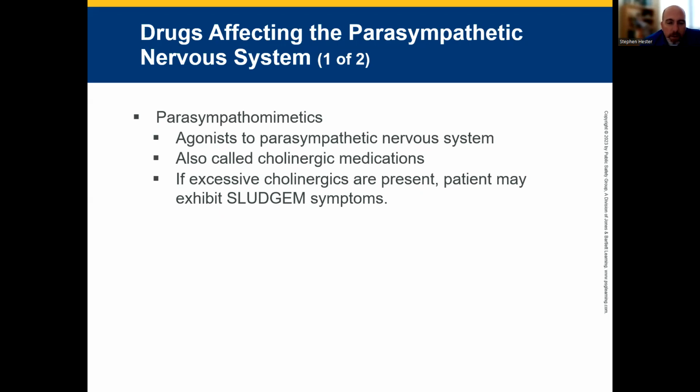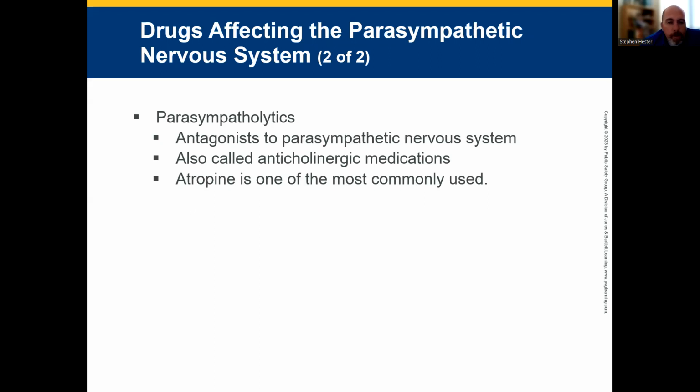If cholinergics are excessive, we're going to look for the SLUDGE syndrome: salivation, lacrimation, urination, defecation, drooling, diarrhea, gastrointestinal upset and cramps, emesis, and possible muscle twitching. Parasympatholytics are antagonists against the parasympathetic nervous system. So they're also your anticholinergic medications, and atropine is one of those.